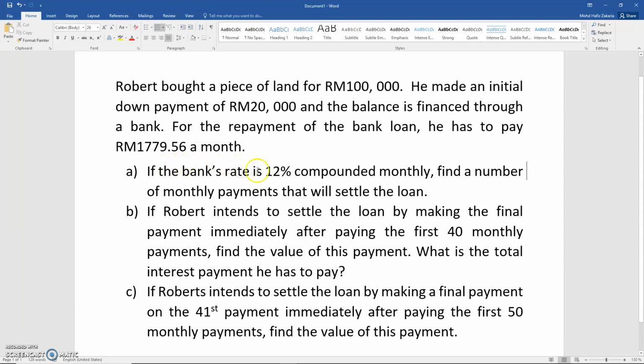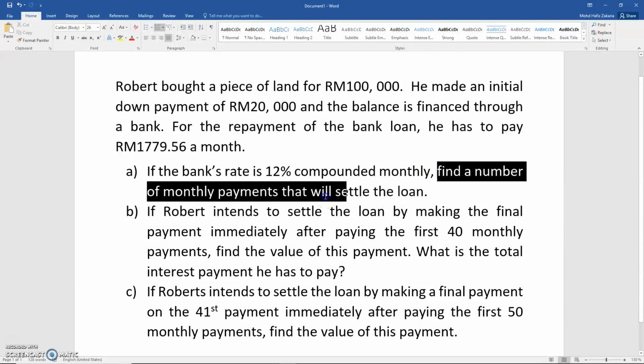What else? Now let's move to the question. If the bank's rate is 12% compounded monthly, find the number of monthly payments that will settle the loan. So basically, how many times does Robert need to pay?